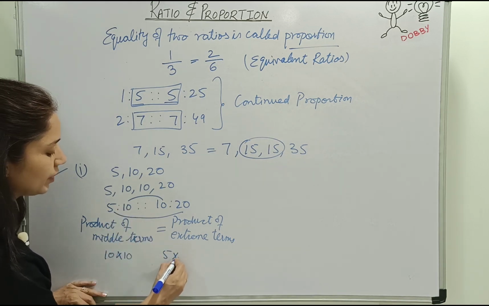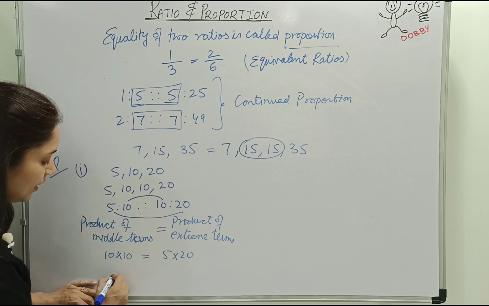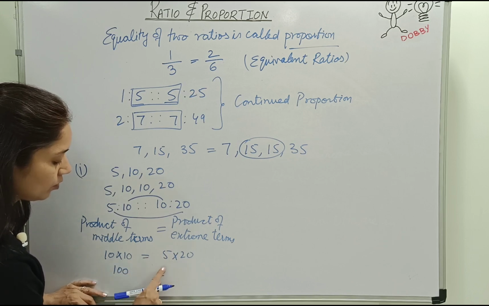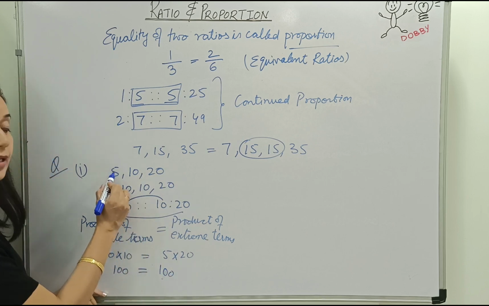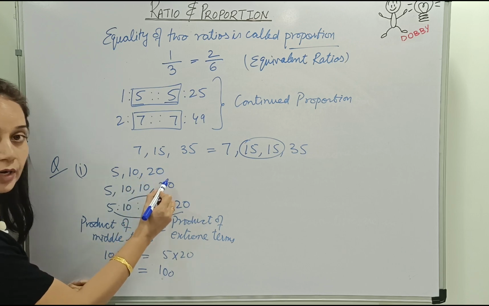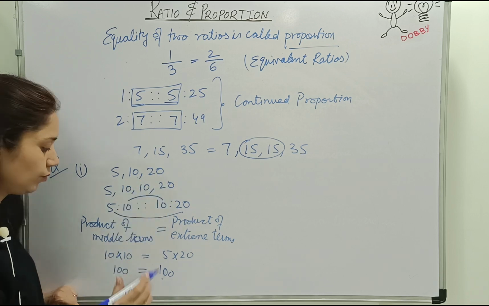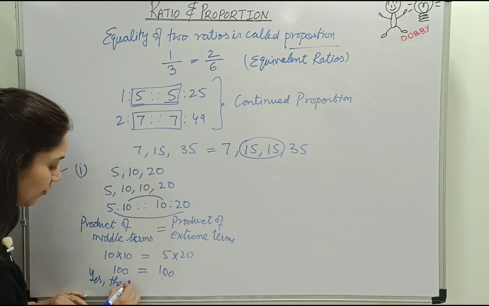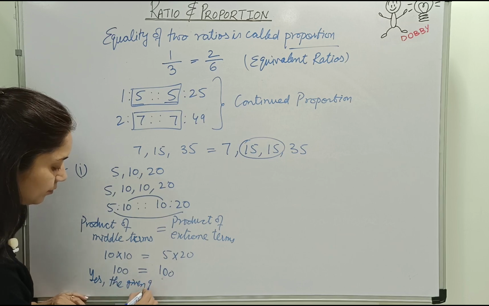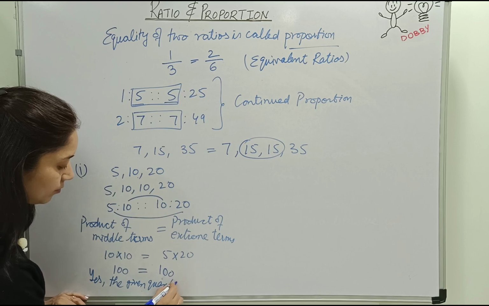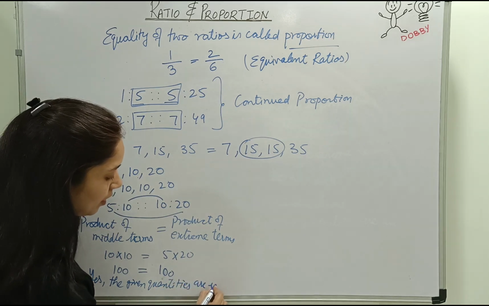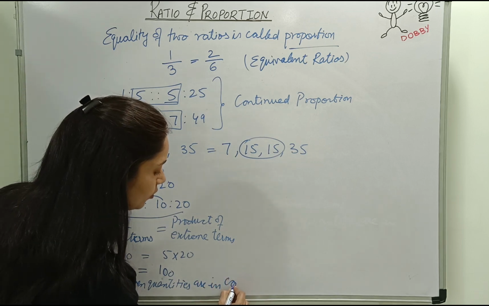Extreme terms 5 multiplied by 20. 10 tens are 100. 5 multiplied by 20 also 100. So yes, the given quantities 5, 10 and 20 are in continued proportion. So we will be writing yes, the given quantities are in continued proportion.